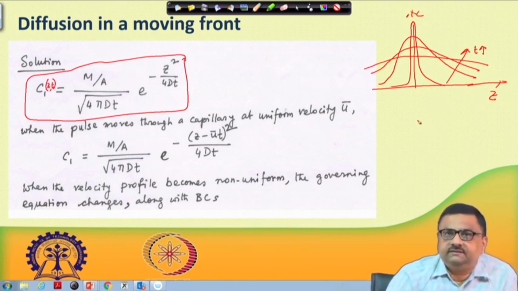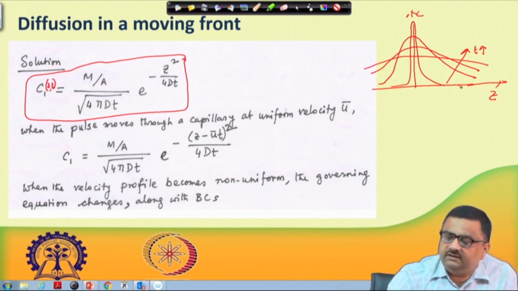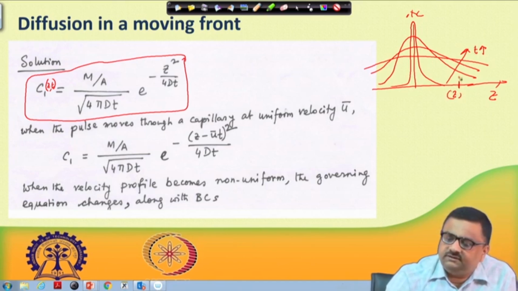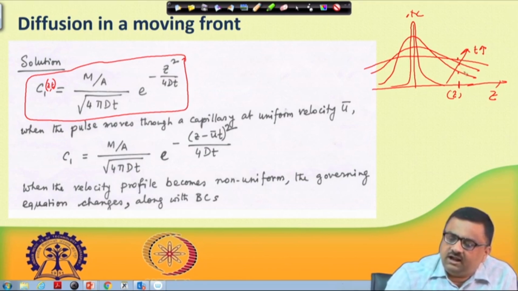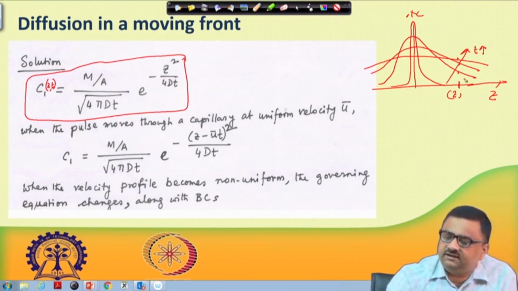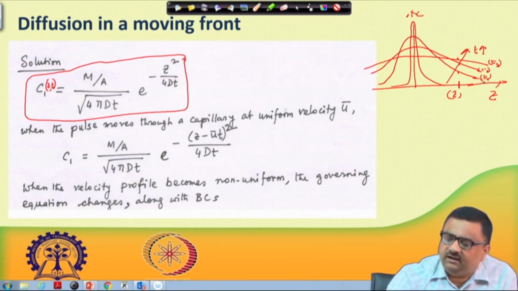If I look at this point at z equal to something, at this particular z, the concentration C is changing. It was here at some time, at some other time is this. Again, if we hold on to one particular time, this is the concentration at some time t1, this is at some time t2, some time t3, like this.